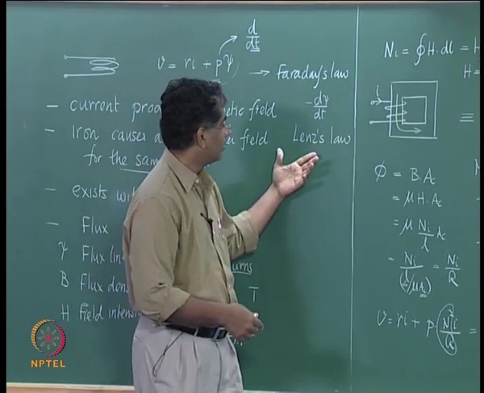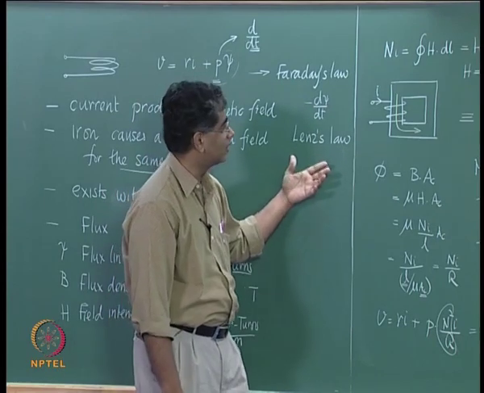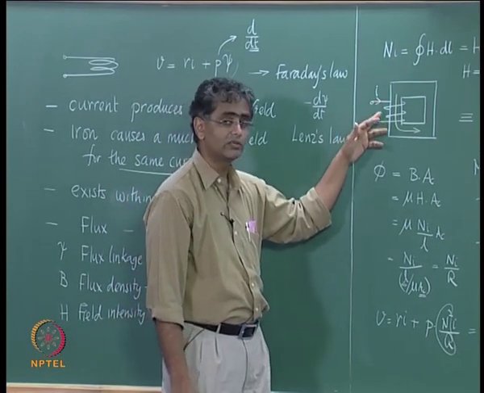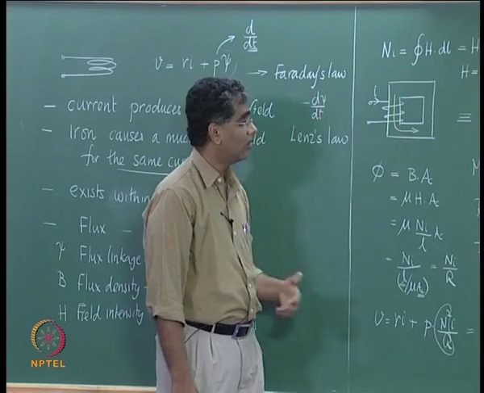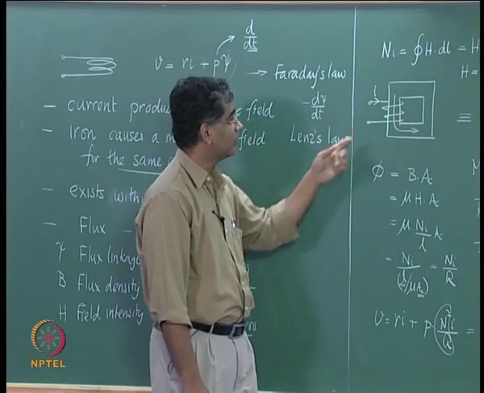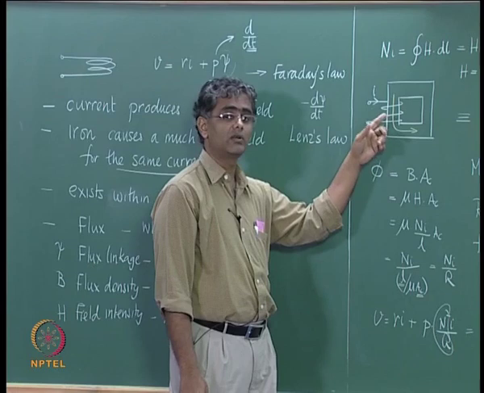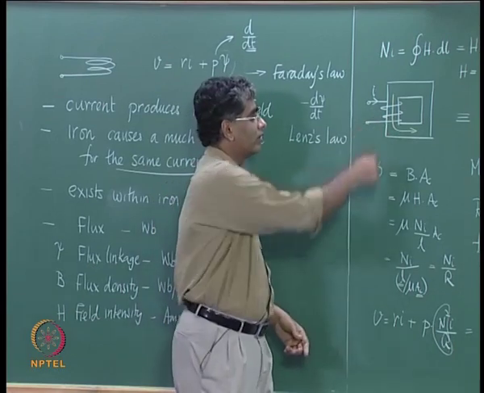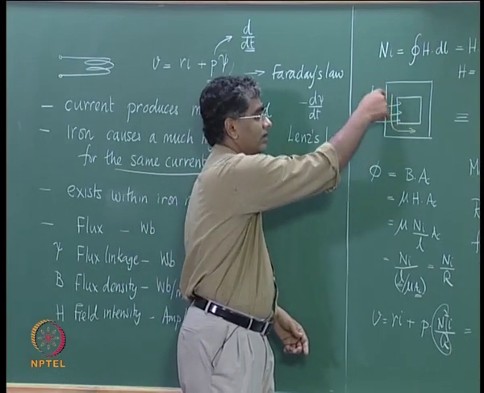Now if we want to therefore understand the orientation of EMF in this loop, all we need to see is how should the direction of flow of current be in this loop in order to oppose flux lines flowing this way.